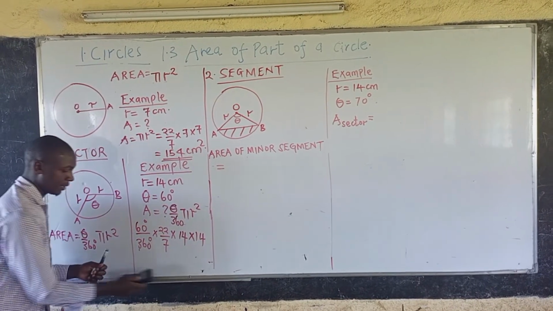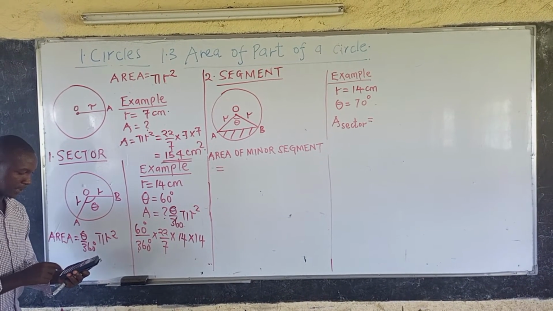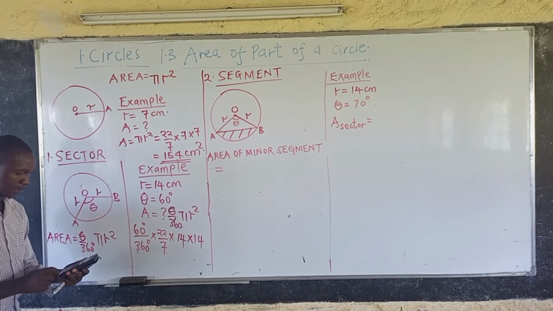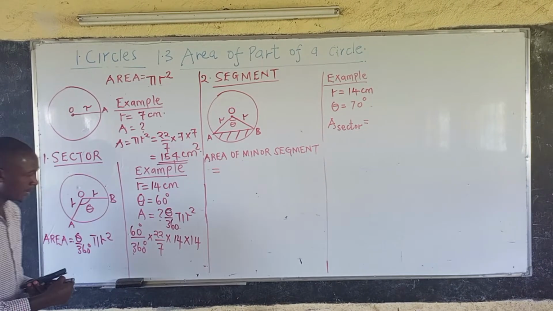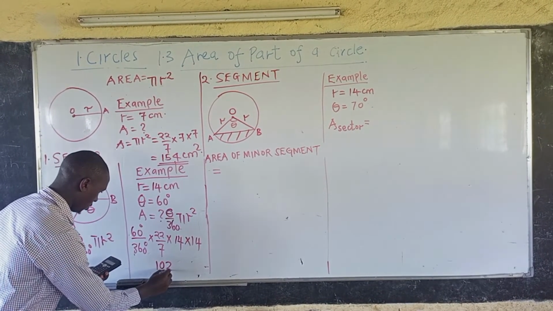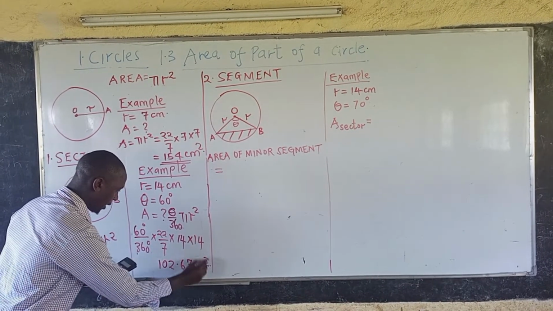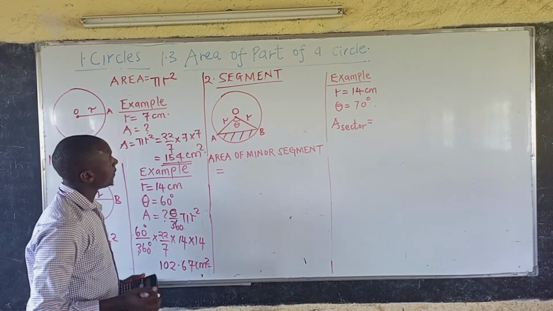So let me grab my calculator very quick. Let me have 60 divided by 360, and the answer is 102.67 centimeters squared. Now, that is it.